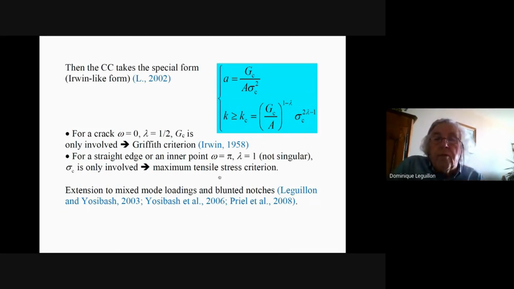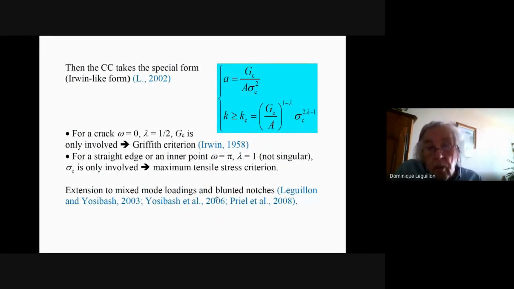Of course, here we consider the simplest case, but we can also consider mixed mode loading, mixed between mode 1, symmetric loading, and mode 2, anti-symmetric loading.